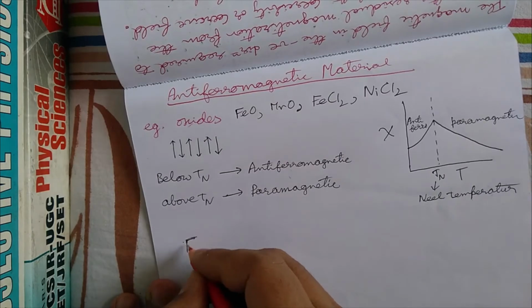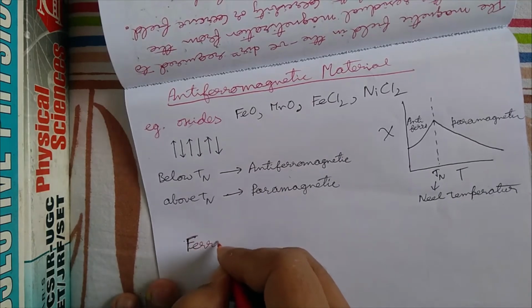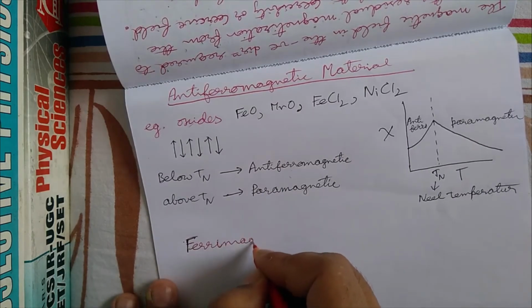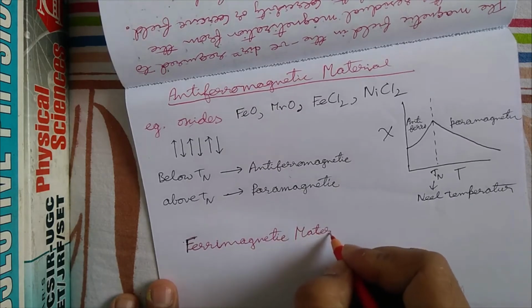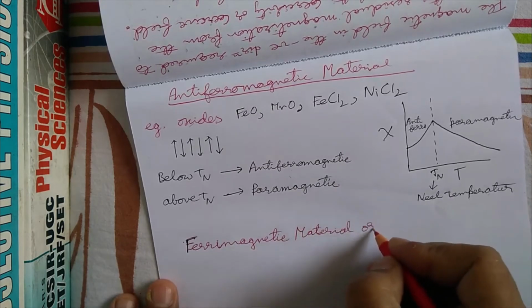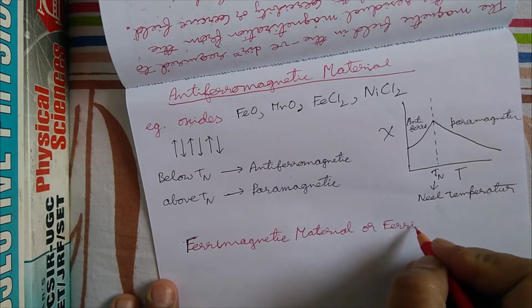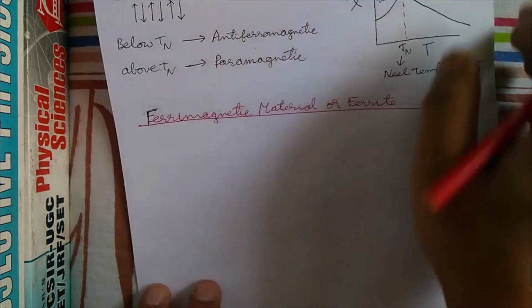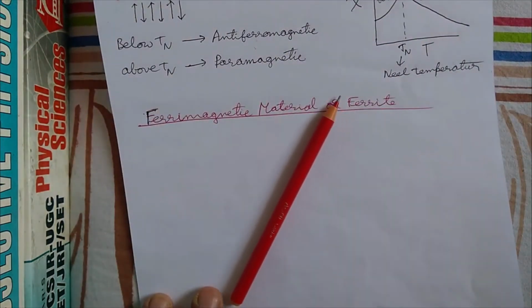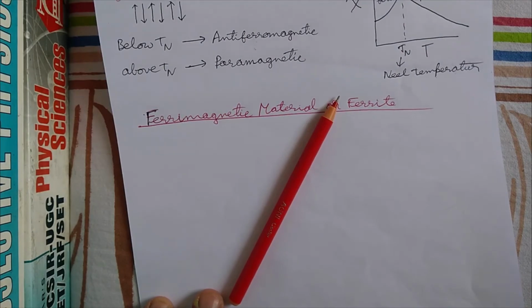Then comes ferrimagnetic material, or ferrite. This is a very interesting type of material. In a way it is similar to ferromagnetism, and also similar to antiferromagnetism.